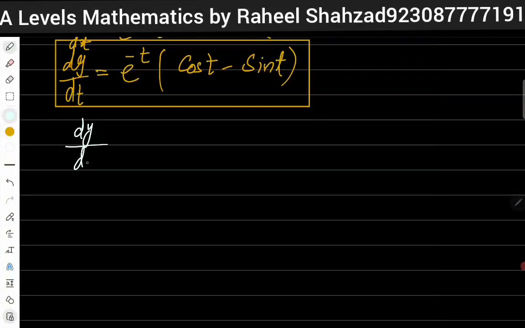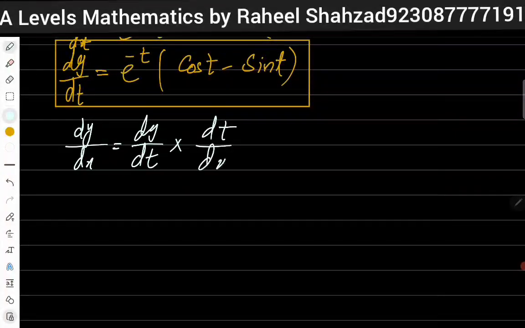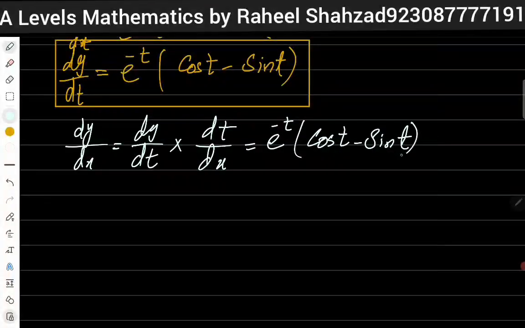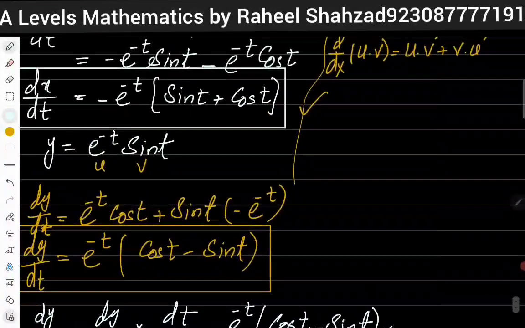So dy by dx is equal to dy by dt times dt by dx. dy by dt is e raised to the power minus t into (cos t minus sin t), into, that is basically dx by dt, but here we have to take the reciprocal of it, dt by dx.